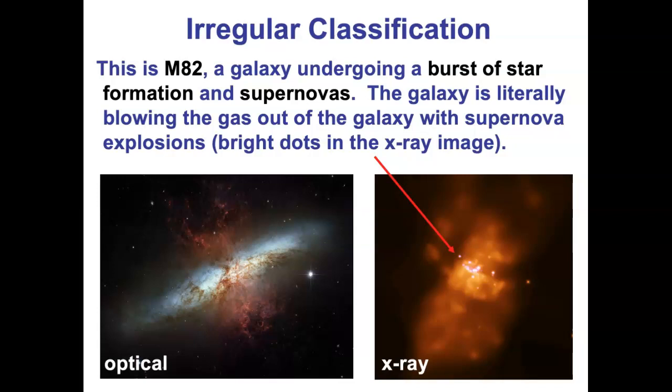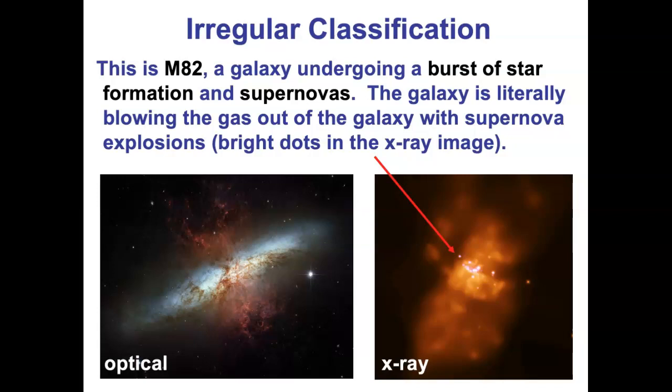And there are so many supernovas happening all at the same time that when those supernovas explode, they're blowing out what? What gets blown out when a supernova happens? Gas and dust. And so many supernovas are happening around here all at the same time that all those supernovas are blowing all this gas and dust out this way. So this galaxy is irregular because it's a starburst galaxy.